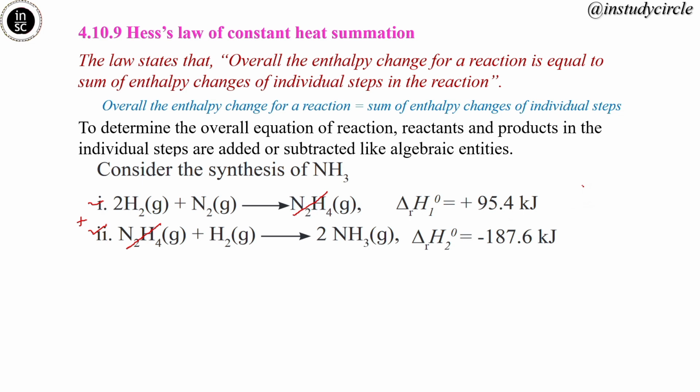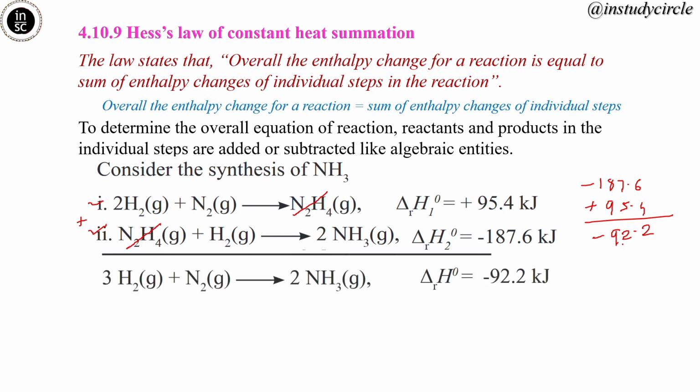The enthalpy of the second step is minus 187.6 and the enthalpy of the first step is 95.4. These must be added. So 7 minus 5 is 2, 8 minus 9 is 1... the sign of the larger number is minus. So the overall enthalpy of the reaction is minus 92.2.